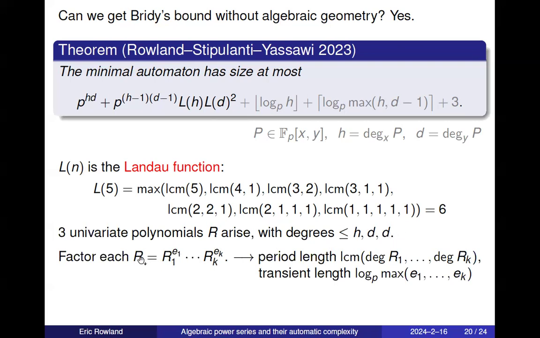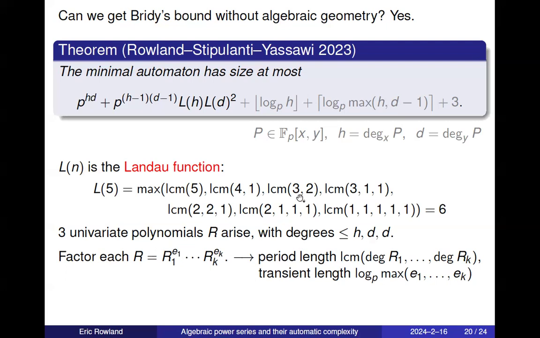And it turns out that the factorization of these polynomials, mod p, gives you some information about the size of an orbit, so the number of states that you're going to see when you keep applying one of these Cartier operators. So if the period length of this orbit is the least common multiple of the degrees, in the worst case, the biggest this could be is when these exponents are all 1. And so now what are you interested in? You're interested in LCM of a bunch of numbers that add up to the degree of this thing.